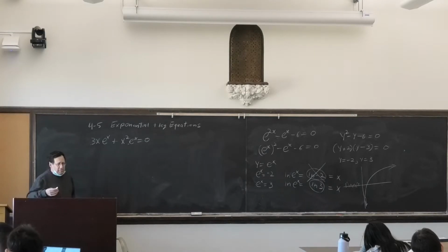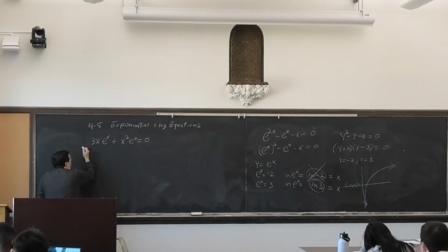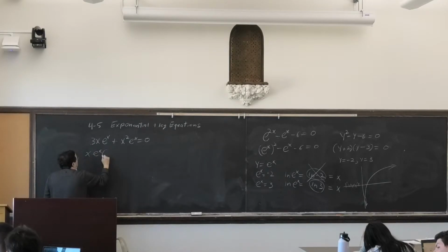Well, it turns out this equation is quite easy. We're just going to fall back on something we've beaten to death. Let's factor this. This is equal to 0. Let's factor it and see what the factors are. So we get x times, I guess e to the x is a factor.